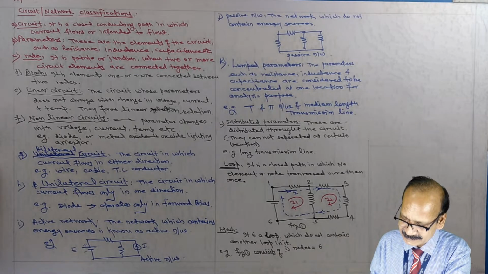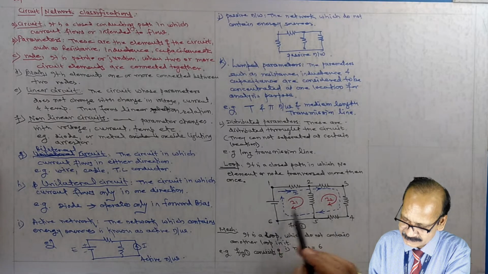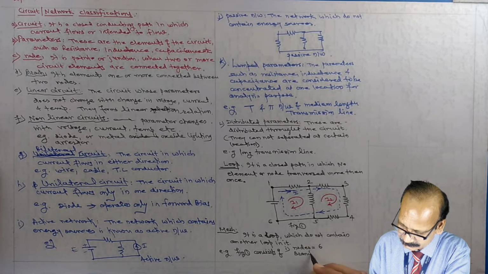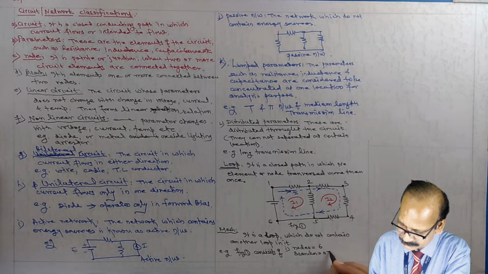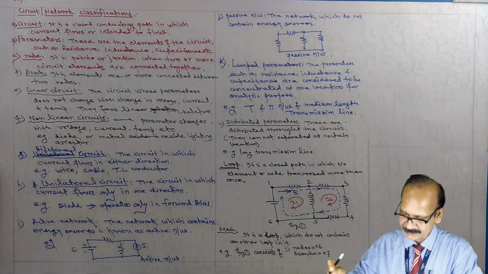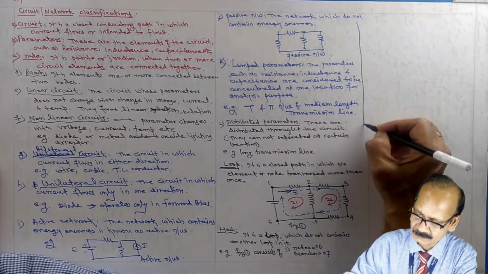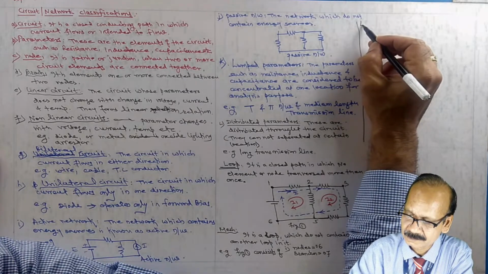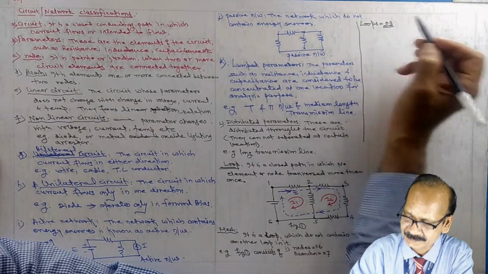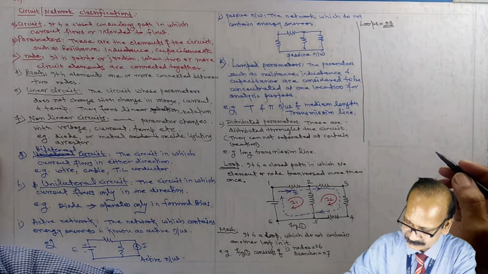How many branches are there? 1, 2, 3, 4, 5, 6, 7. So the number of branches is 7 here. Now see the loops. The number of loops is 3.